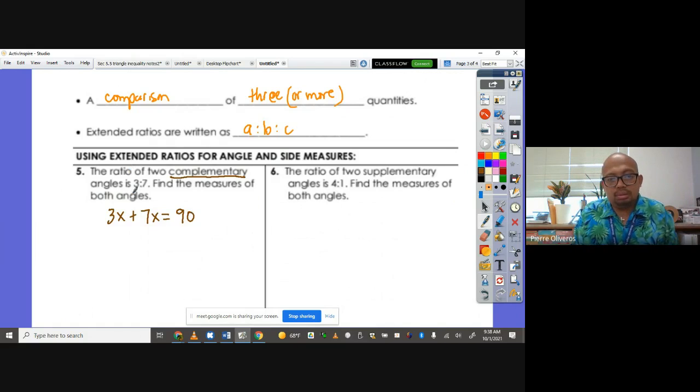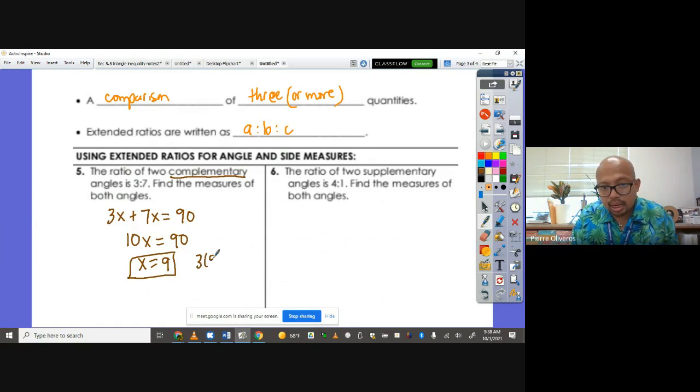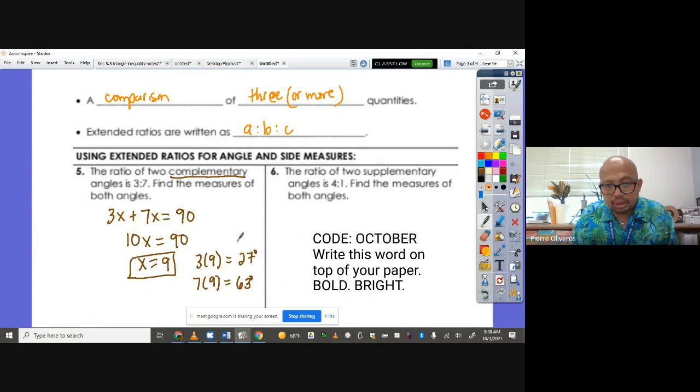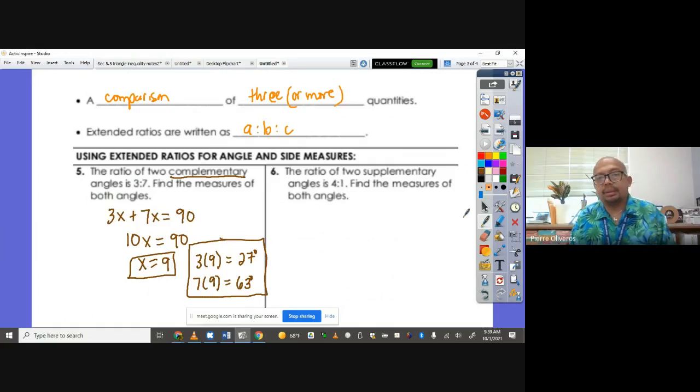So 3x plus 7x will give us 10x equals 90. So we know the value of x there is 9. To find the two quantities, we multiply 3 by 9 and 7 by 9. That will give us 27 and 63 degrees. So the angle measurements are right here.